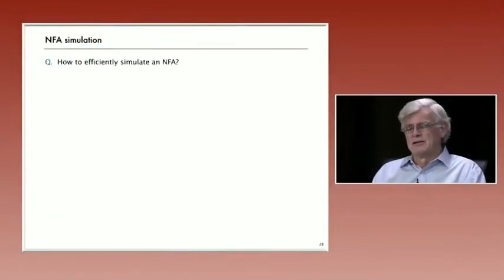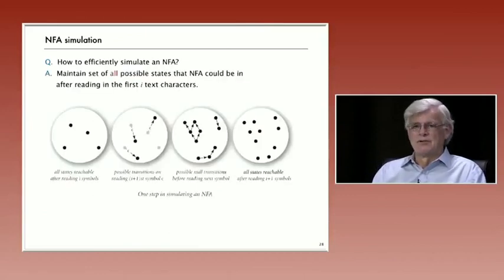So let's take a look at, given that basic idea that we can always get to the transitions from any given state, how we're going to do a simulation. And the idea is summarized by this diagram here.